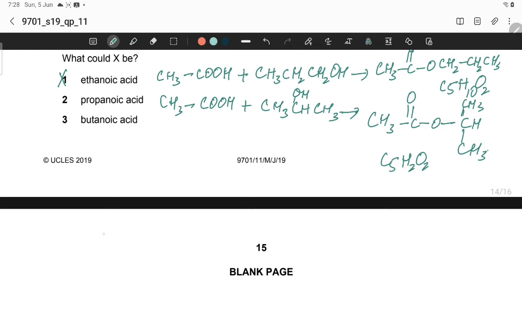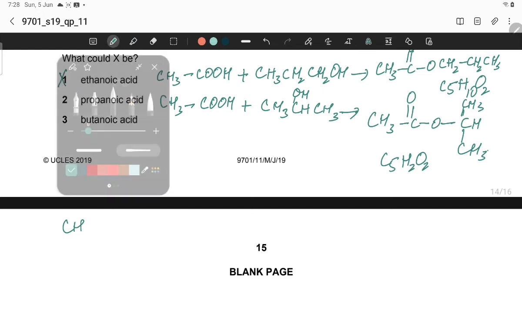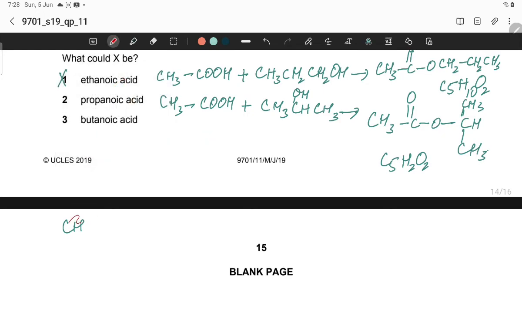Propanoic acid, CH3 CH2 COOH, plus ethanoic acid, CH3 CH2OH. So there is only one possible structure of ethanol.